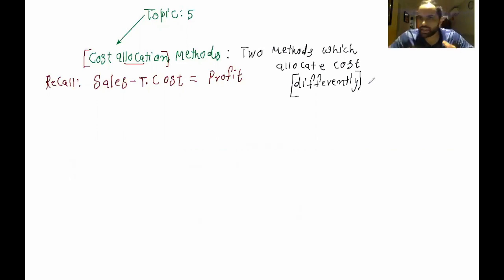When I explained to you the types of cost under topic 2, remember manufacturing and non-manufacturing? I think by operations. Yes, by operations. So we allocate cost differently. 2 methods.